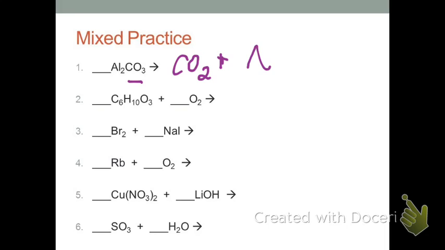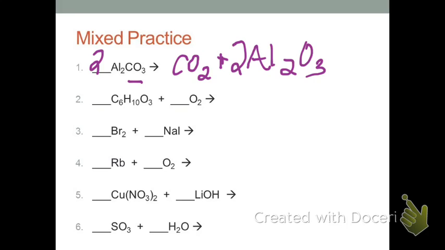Aluminum has a charge of 3, oxygen has a charge of 2, swap and drop and you end up with Al2O3. Check the balancing. I've got 2 aluminums. Yeah, we got problems with the oxygens. So I'm going to double this, and we end up with 4 aluminums, 6 oxygens, no, 8 oxygens.